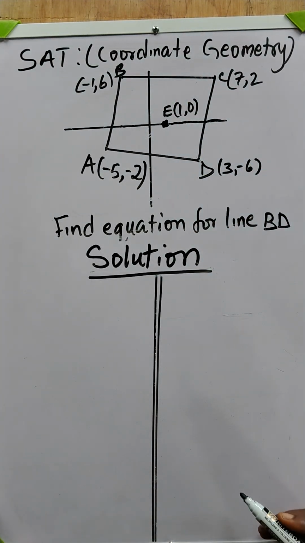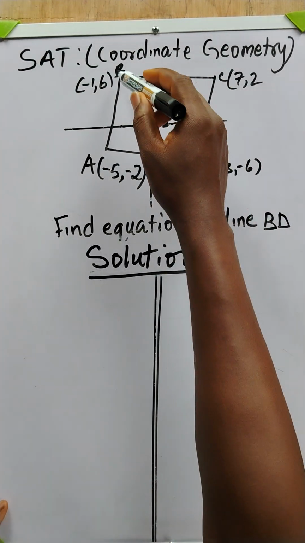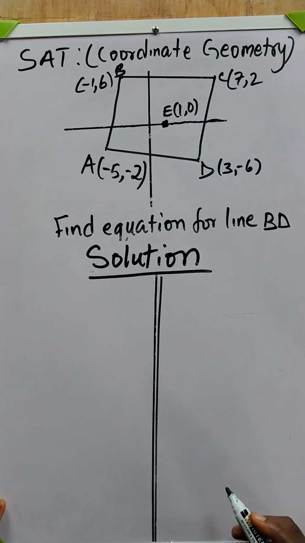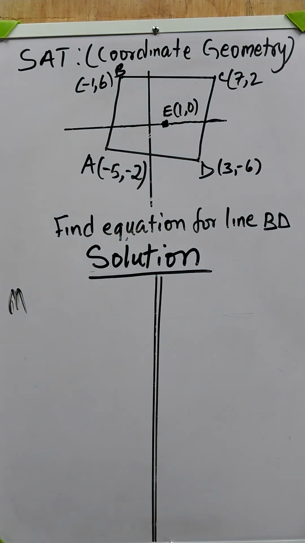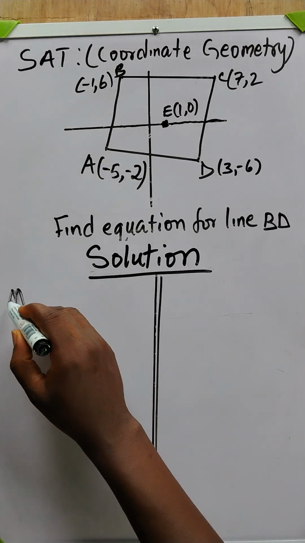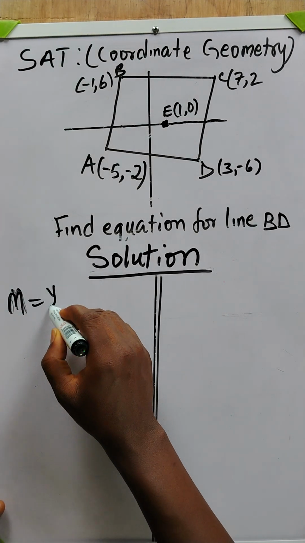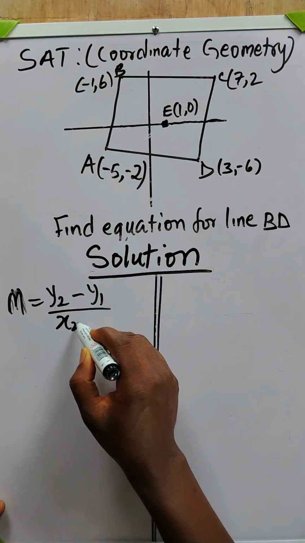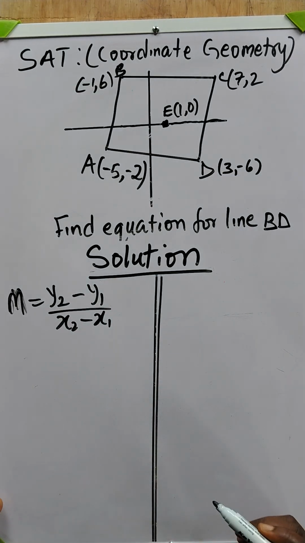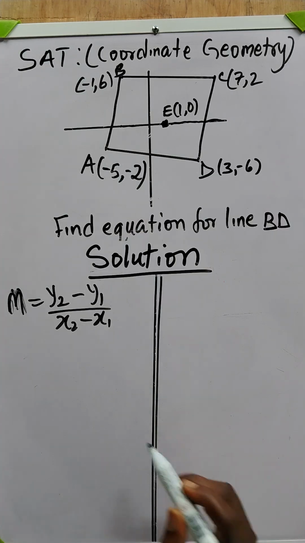First of all, I need to calculate the slope of the line that joins these two points. The formula for finding slope is m equals y2 minus y1 all over x2 minus x1. Which point am I going to use as my point 2?